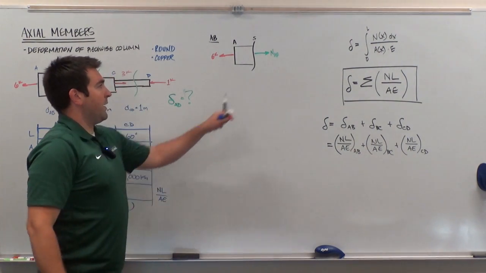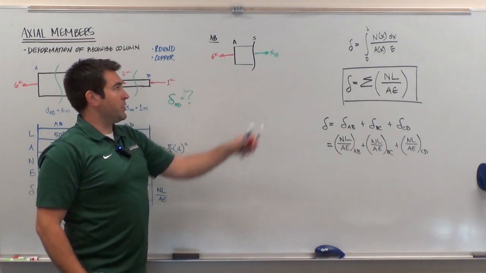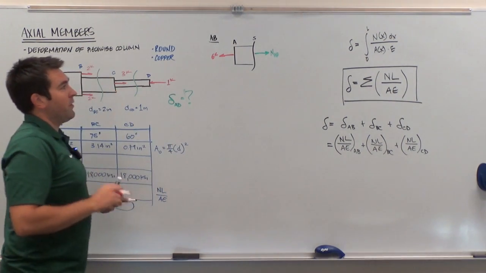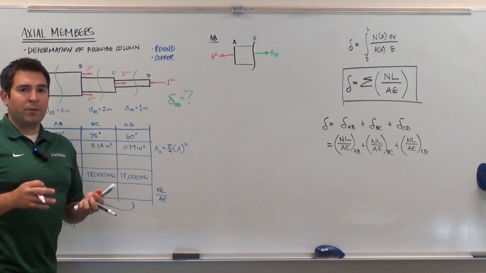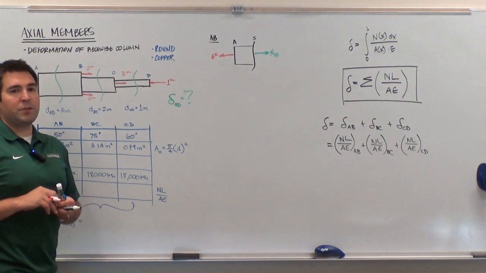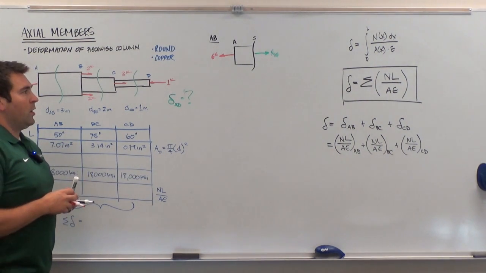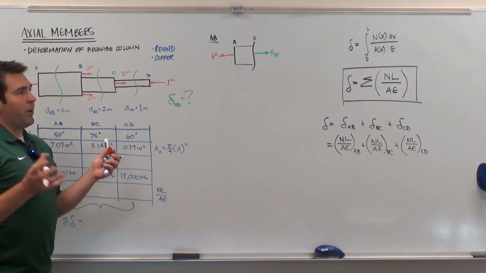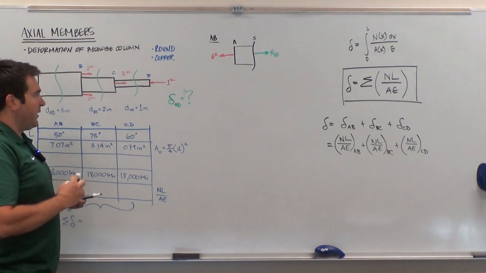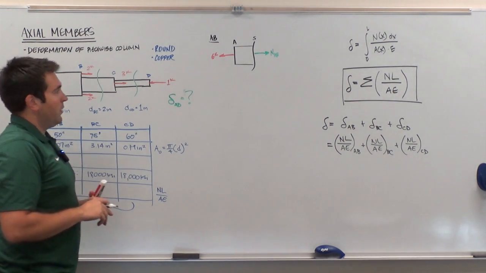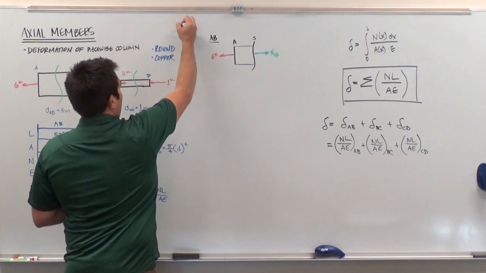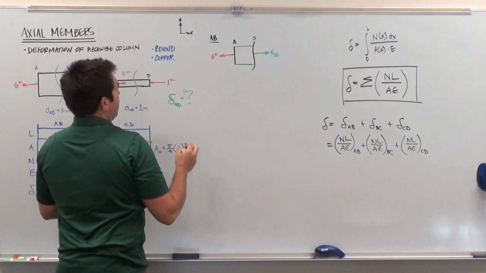It turns out that that's going to be the correctly assumed direction, but it wouldn't have been a big deal if we got a negative value for NAB, because it's critical that our positive values correspond to tension and our negative values correspond to compression. When we add the results together, we don't want to say that compression and tension add up together, because they actually cancel each other out, and we'll see that in this example in just a minute. So here I will use the same coordinate system for all of my equations of equilibrium.